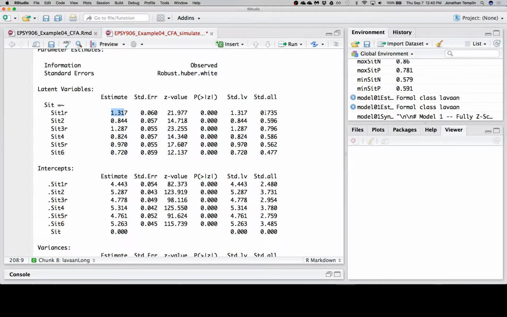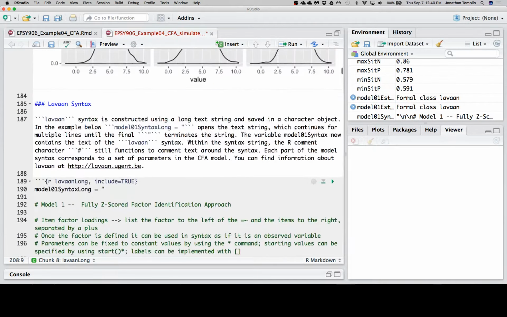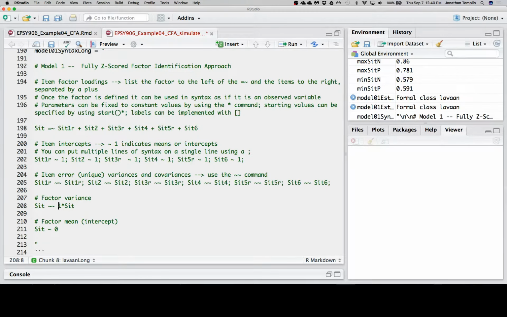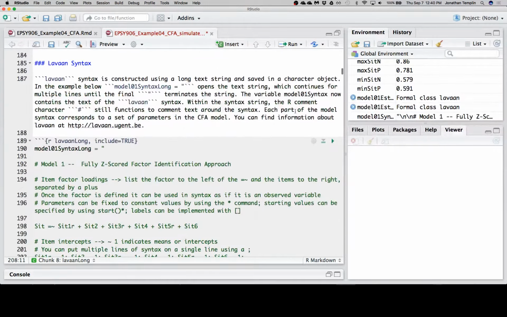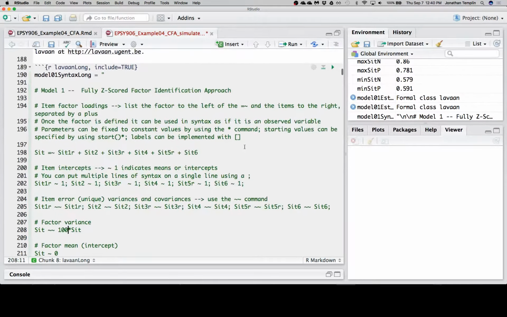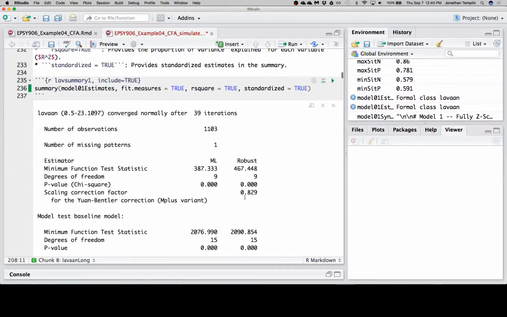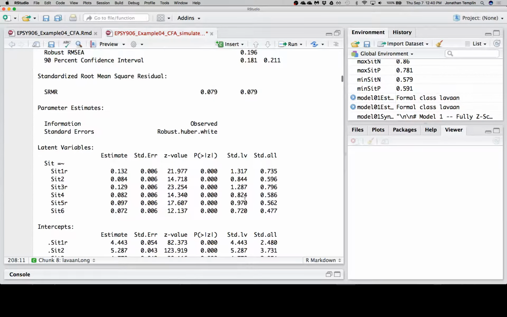If we were to go back to our 100 example, right here, run the code, take a look at what happens. 1.317 over here, because this value gets multiplied by the square root of 100, or 10.